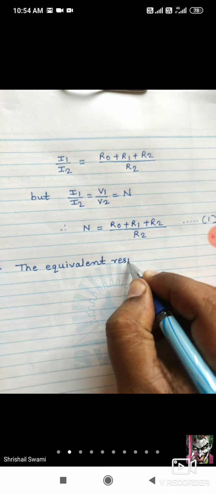So R1 we get now. R1 is equal to R0 into N minus 1, and this N plus 1 goes to the denominator. This will give the formula of R1, and this I will give the equation number 2.